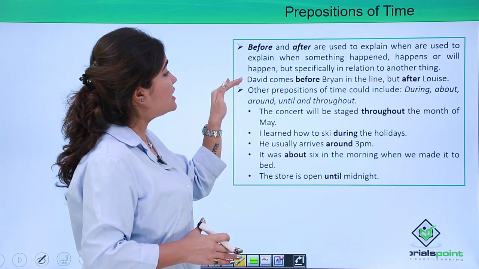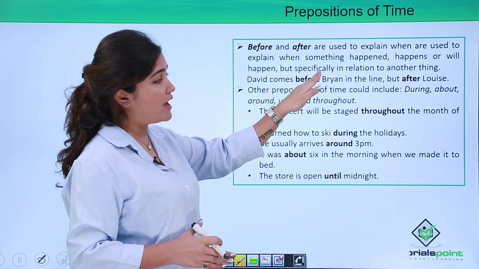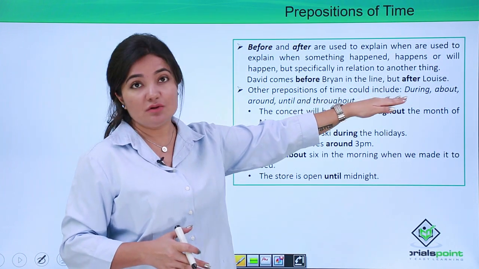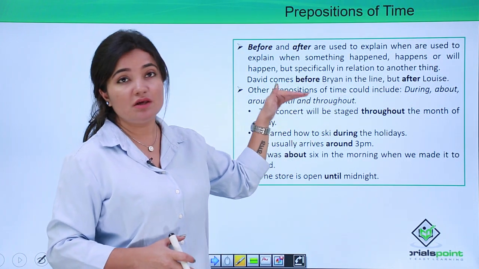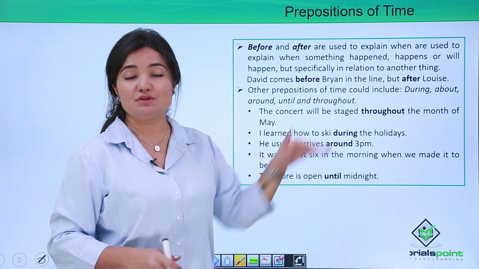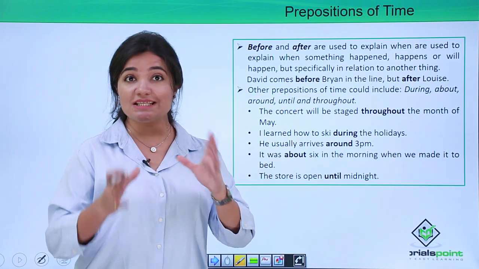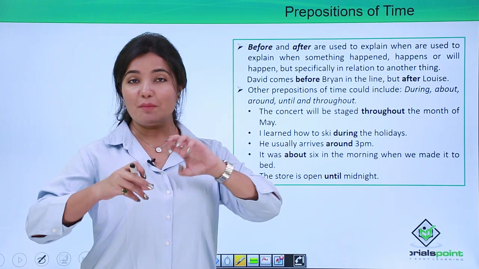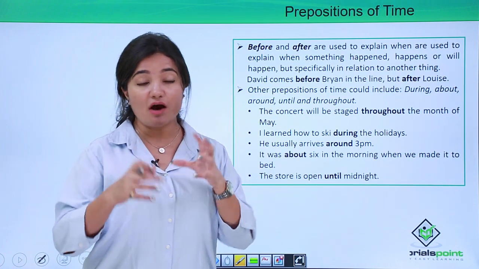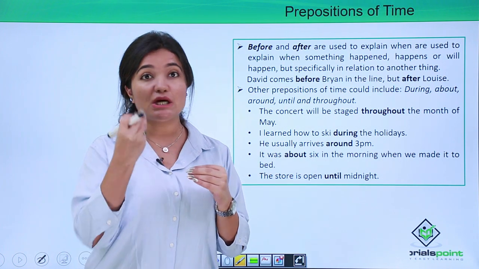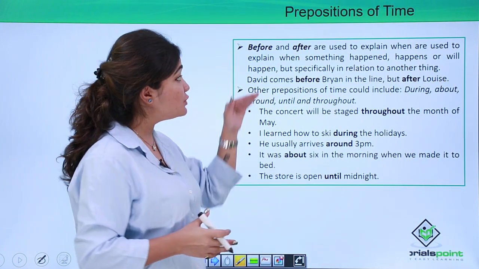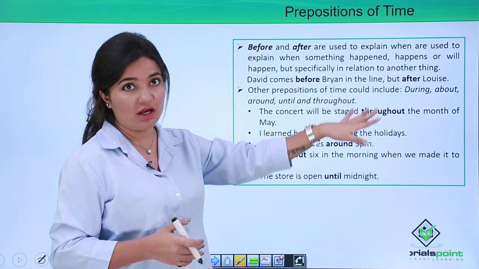So for example, David comes before Brian in line but after Louis. So of course here before and after, why did you use it? You used it because the time frame that you are mentioning here is in a comparison form, right? You are comparing, or that is how you are trying to point out a particular time frame, right? So which is why you have used before and after.